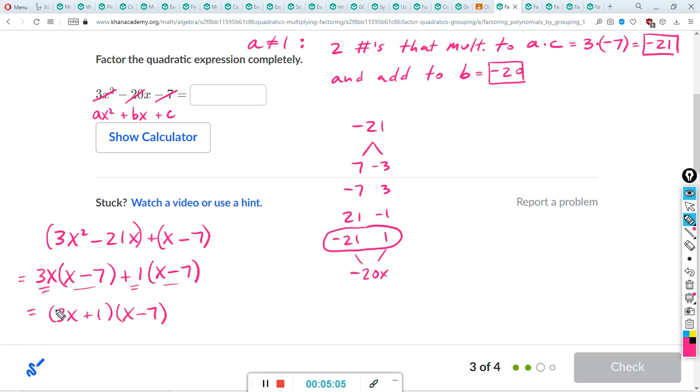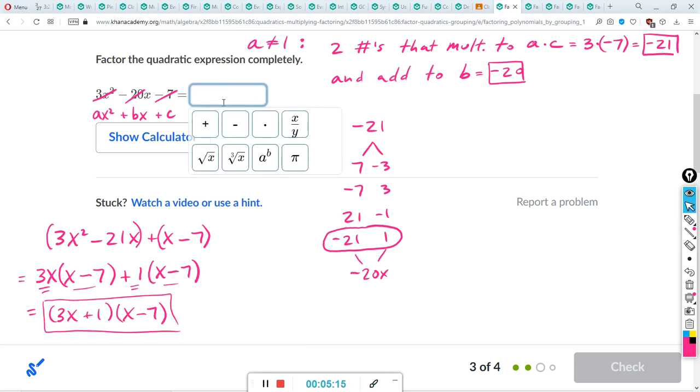And that's your answer right there. So you just enter that in the box. I wish they gave you parentheses here. I guess they didn't. So 3x plus 1, and then new parentheses, x minus 7.